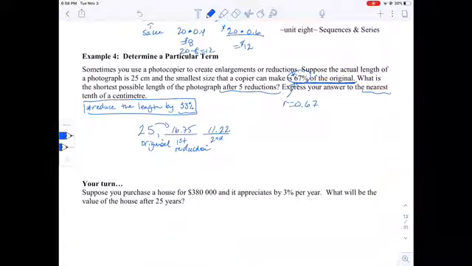So if we notice here, we could keep going here, third, fourth, and fifth after my first reduction, and second reduction, and third. I'm just going to keep multiplying by 0.67.